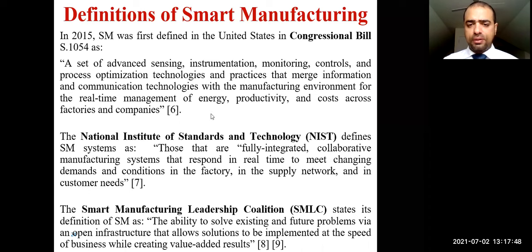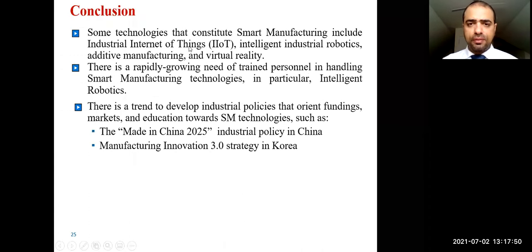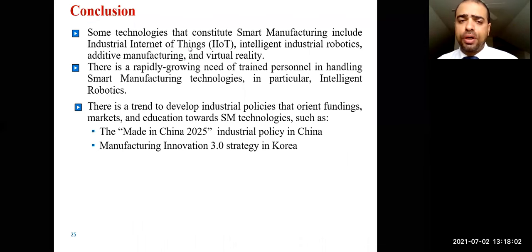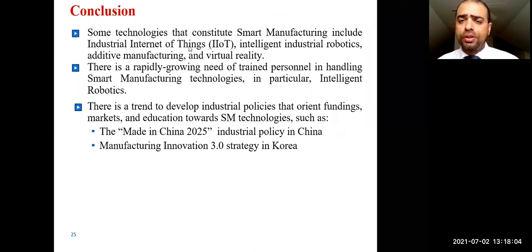With these definitions, I conclude this presentation. Technologies that constitute smart manufacturing include, for example, IoT, intelligent industrial robotics, additive manufacturing, virtual reality, and other technologies.